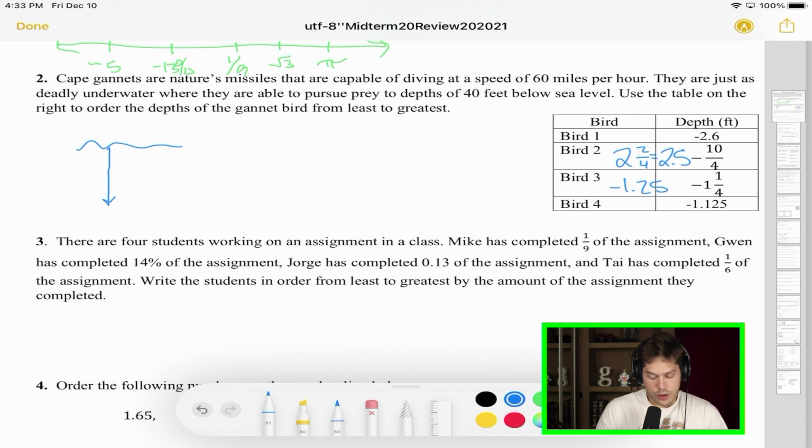So if we order these, well, they're actually already in order. We see that our greatest depth is negative 2.6, and then it's going to be the negative 10/4, which we found to be 2.5, and then it's negative 1 1/4 and negative 1.125.